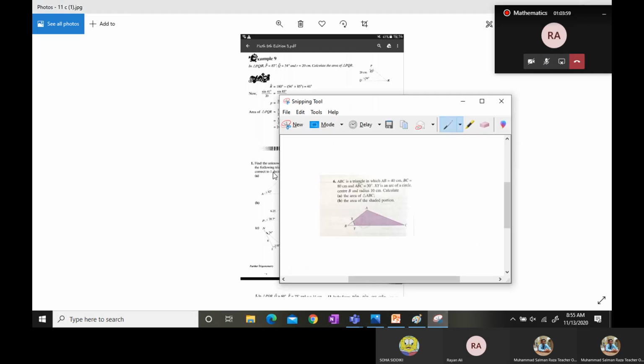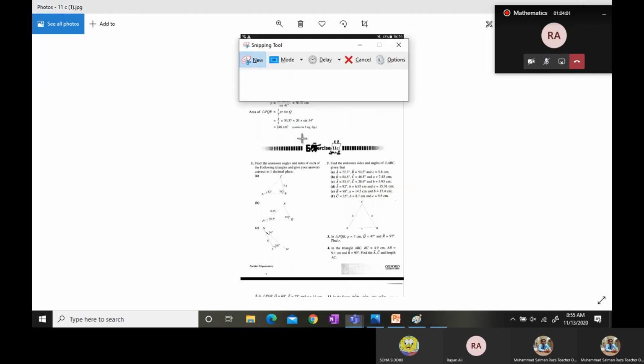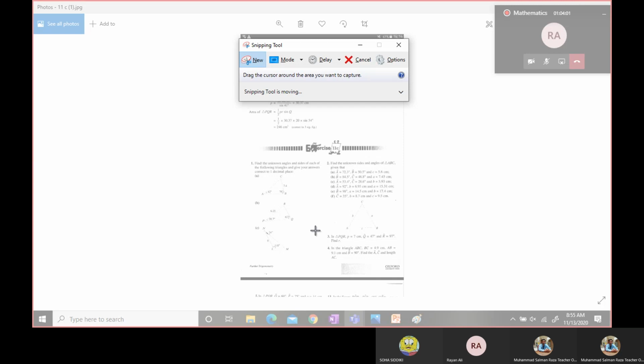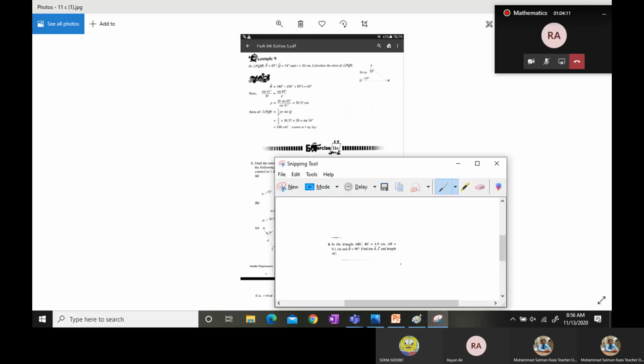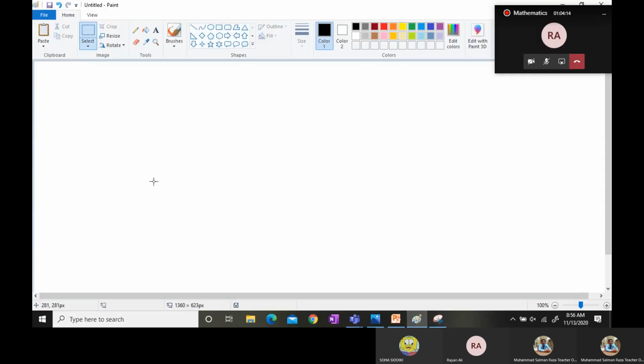This is a question from the 11C exercise, which I am taking here.